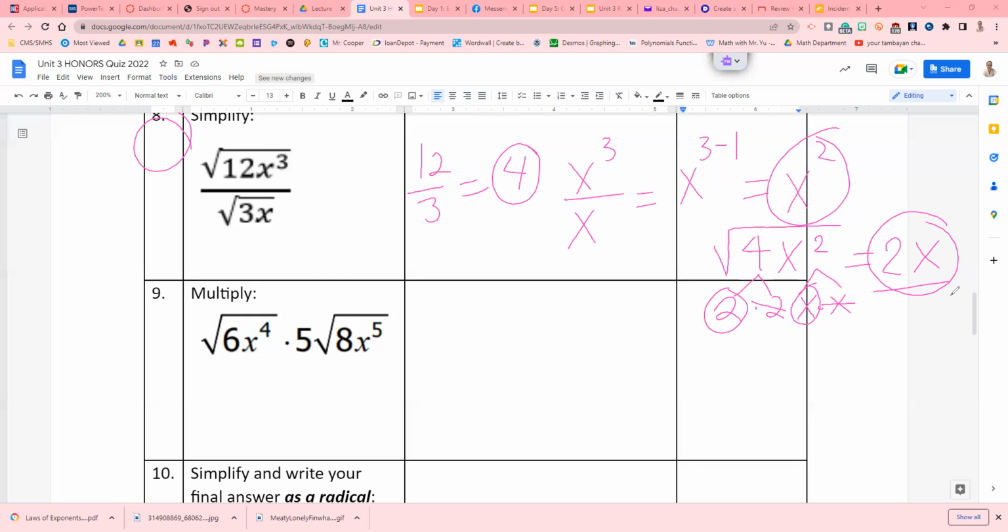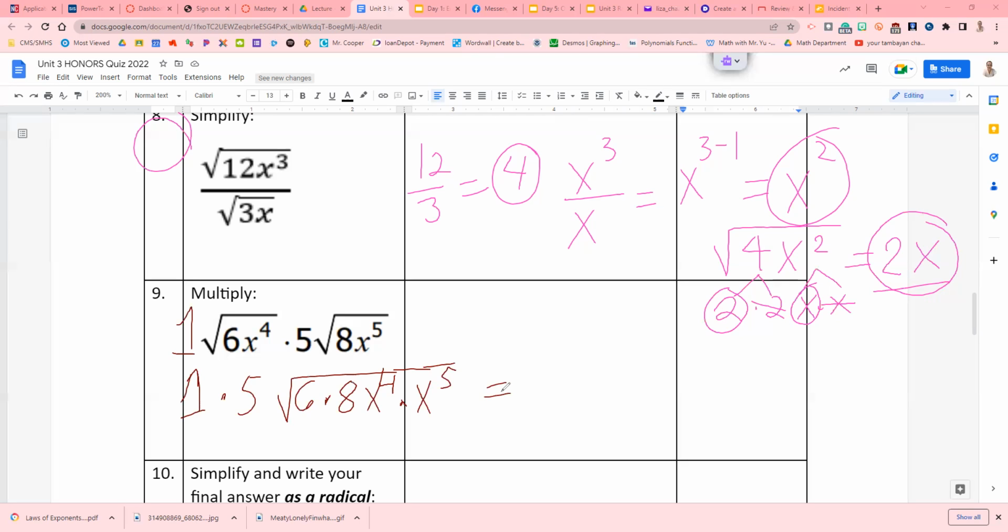Next, number 9. So multiply. This has an imaginary 1. So 1 times 5, and then inside would be 6 times 8, and then x to the 4th times x to the 5th.